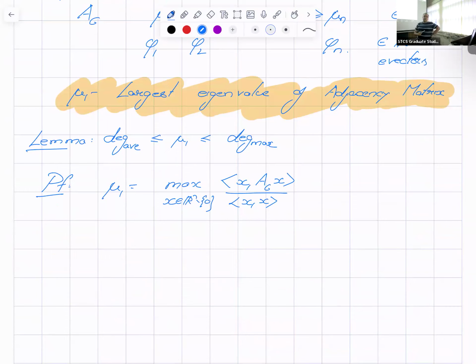What happens if you put all ones on top? So in particular, this is greater than or equal to all ones transpose A_G all ones over all ones transpose all ones. At least the denominator is easy: all ones into all ones is n. The numerator is the summation of the degrees.